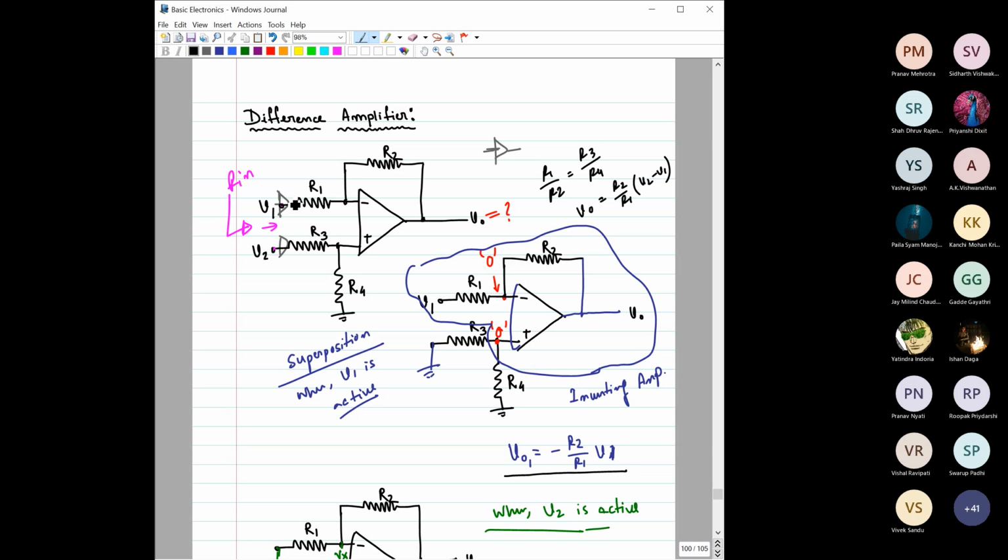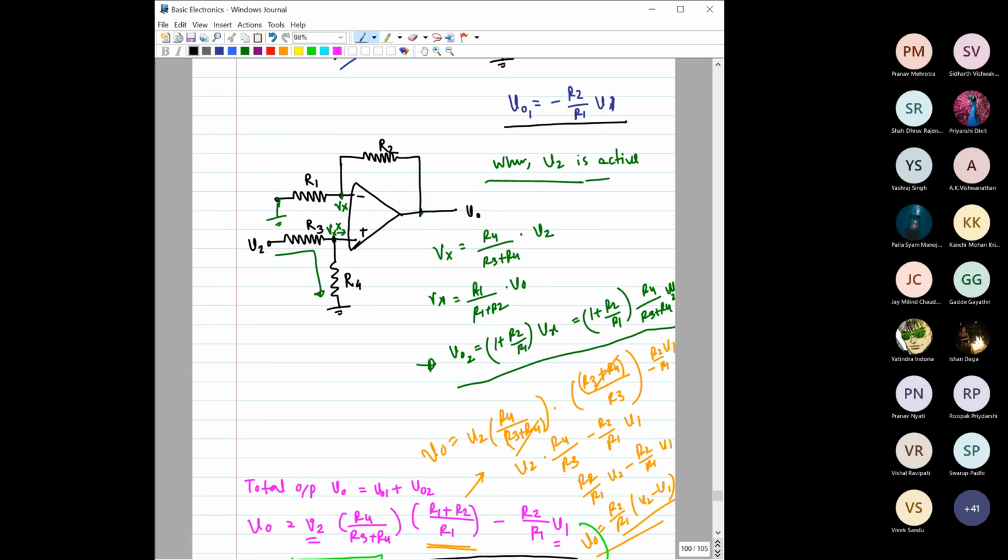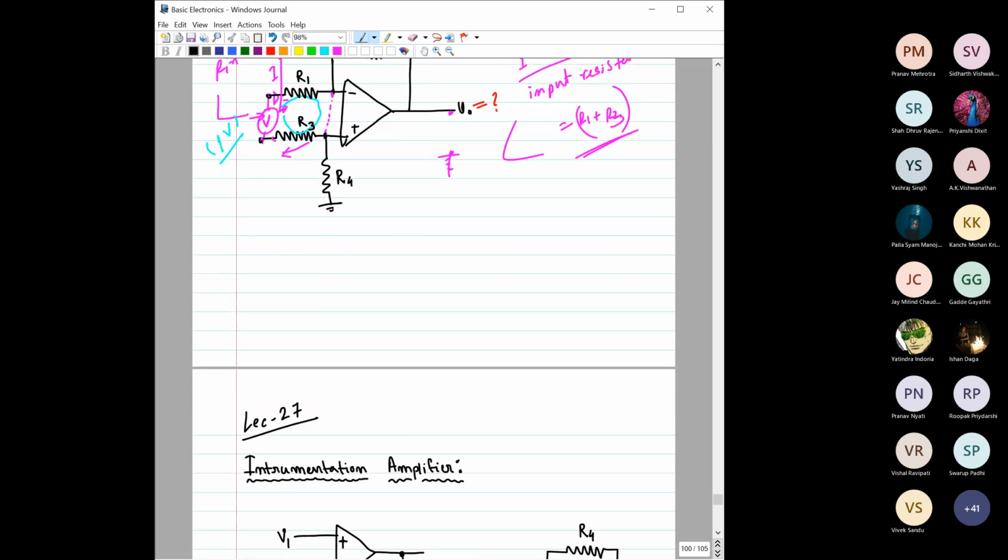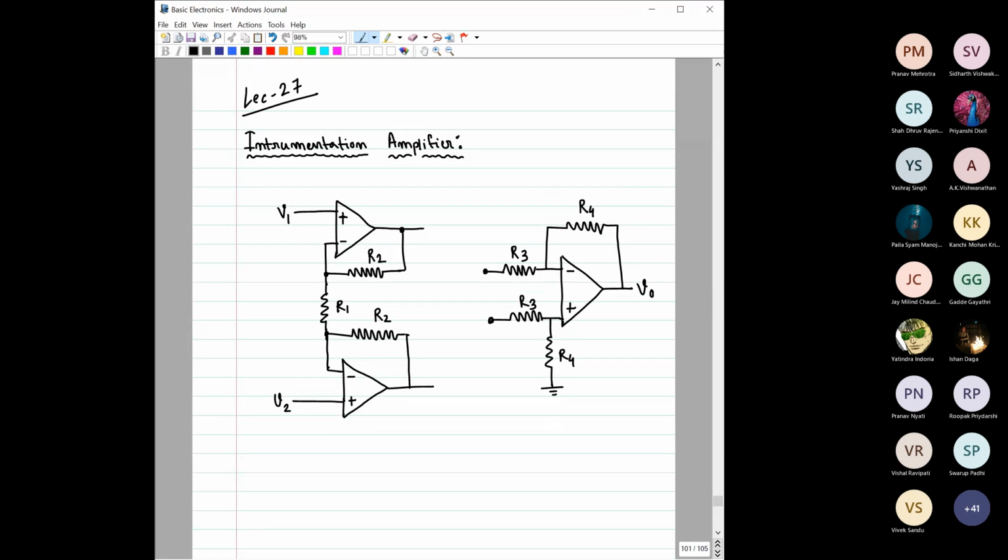To get a very high input resistance, you can suggest adding one buffer, right? That will solve the input resistance part, but not the other part. That is, using a change in a single resistance, you will not be able to change the gain of the overall circuit. So for that, one circuit can be thought of in this way.